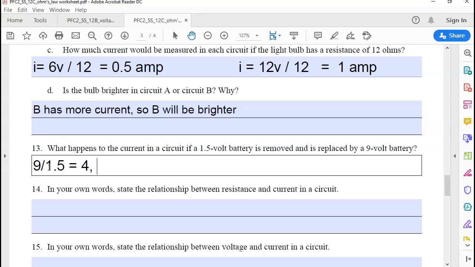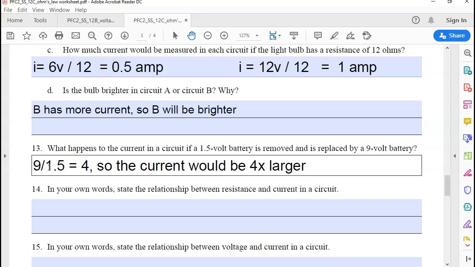So the 9-volt battery is 4 times stronger than the 1.5 volt battery. So the current would be 4 times larger with that bigger battery. And that makes sense. A bigger battery is going to give you a bigger amount of energy flowing through those wires.